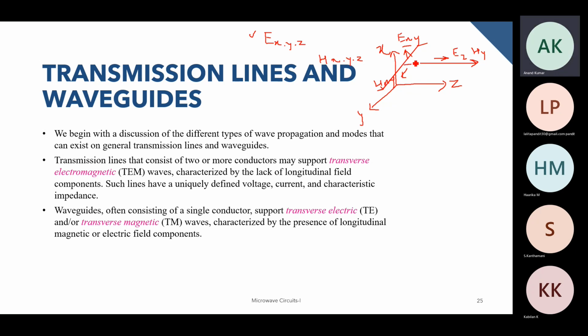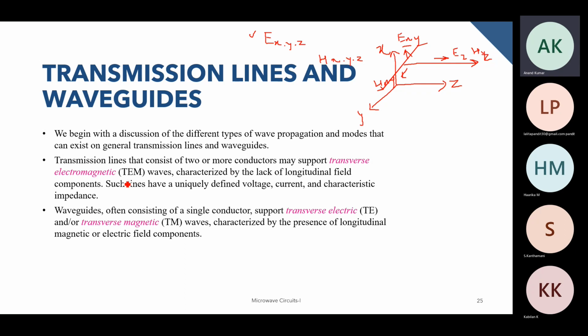So Ex, Ey, Hx, and Hy are the transverse components because they are perpendicular to the direction of the propagation, and Ez and Hz are the longitudinal components, because they are in the direction of propagation.